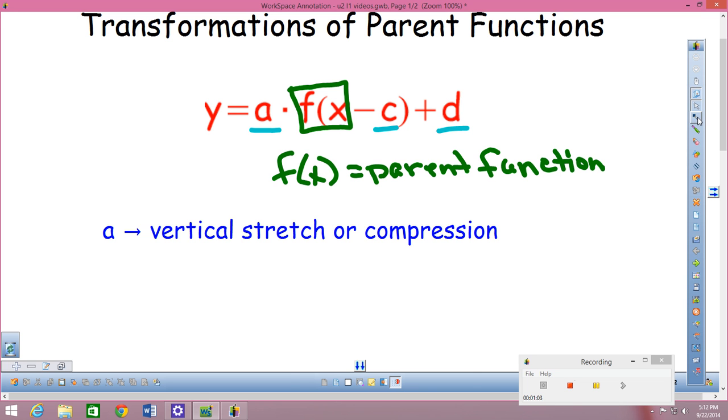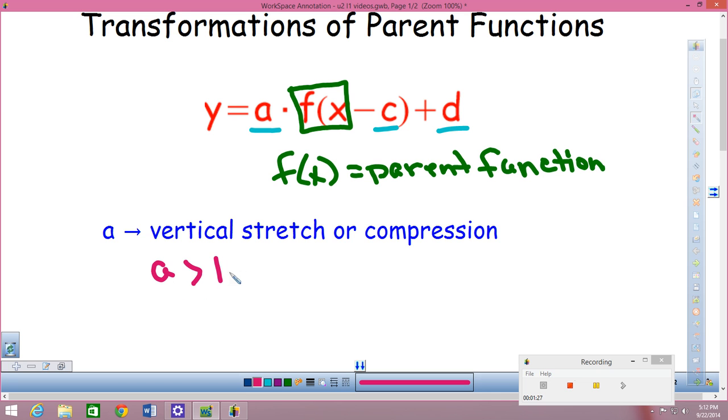Now, when we're thinking about stretches or compressions, I want you to think about if you had a piece of gum that you took out of your mouth, and if you pulled that vertically, it is stretching and getting longer and more narrow. Okay, that occurs when the a value is greater than 1.